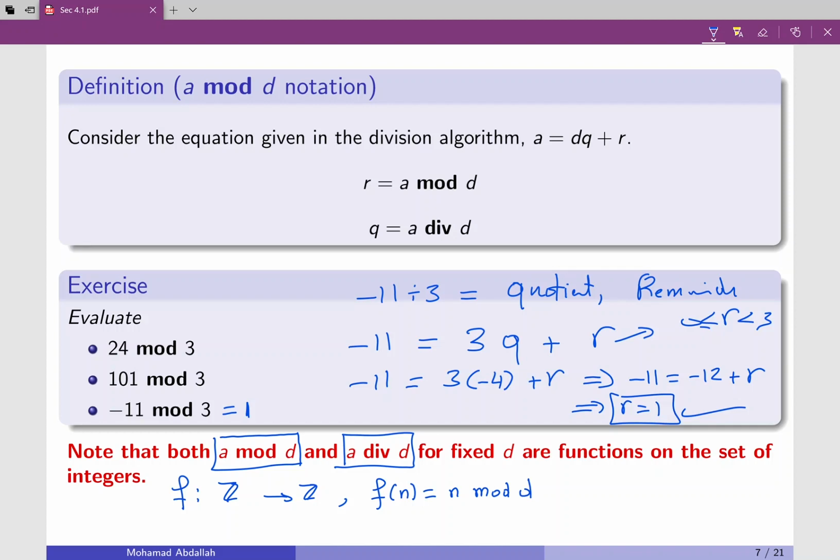This defines a function because if you divide any number by d, you cannot get 2 remainders. You'll only get 1 remainder. So each value is going to correspond to exactly 1 value. We'll leave it as an exercise to identify whether it's 1-to-1 and whether it's onto. That's an interesting question.